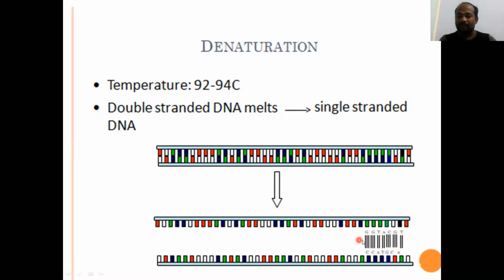During this time, the bond between the two strands is broken due to the cleavage of the triple bond of guanine and cytosine and the double bond of thymine and adenine. The hydrogen bonds are broken due to the increase of temperature. This breaking of the double strand into two single stranded DNA is called the denaturation step.